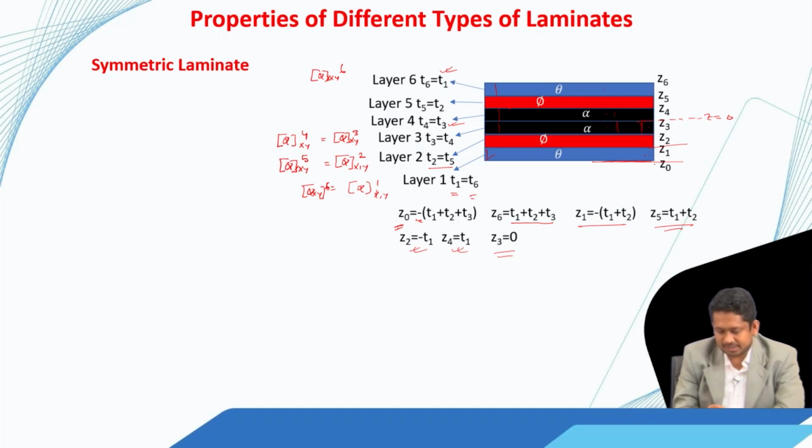Now, let us try to derive the B matrix. B matrix is nothing but the summation for K equal to 1 to capital N, the total number of layers, for this particular case N equal to 6, of the Q matrix with respect to x y for the kth layer multiplied by Z k square minus Z k minus 1 square by 2.